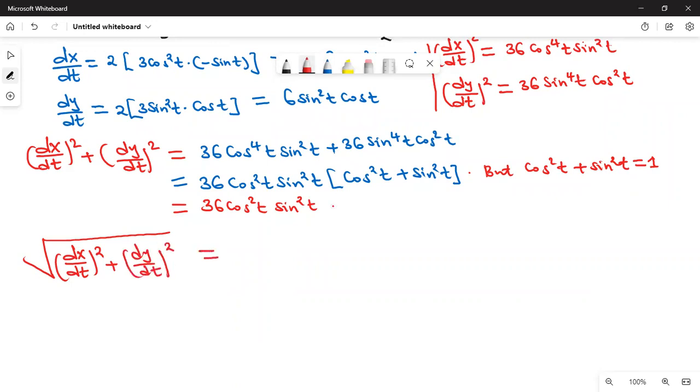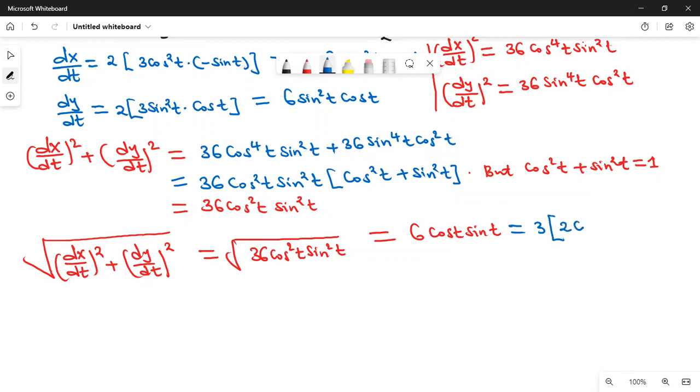This is simply the square root of what we have, 36 cos squared t sine squared t, which you can write as 6 cos t sine t. And how else can you write this? This is the same as writing 3 times 2 cos t sine t.